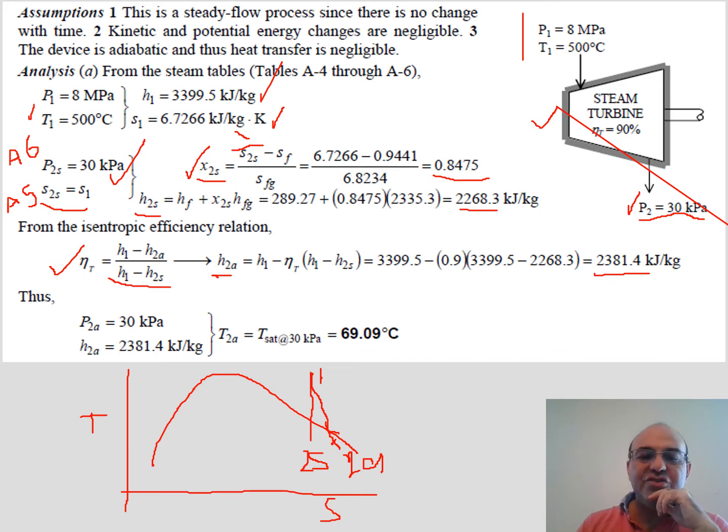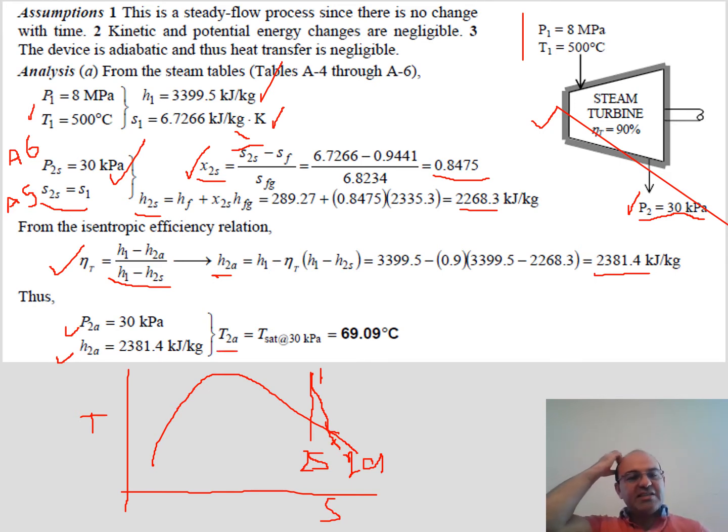Now that you have the pressure at 2A, which is still 30 kilopascal, the same as 2S, and you have H2A, you can go ahead and find temperature 2A.